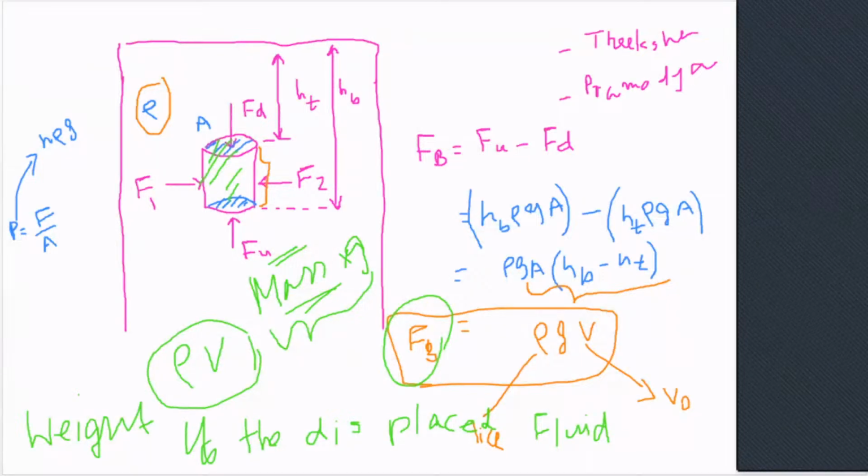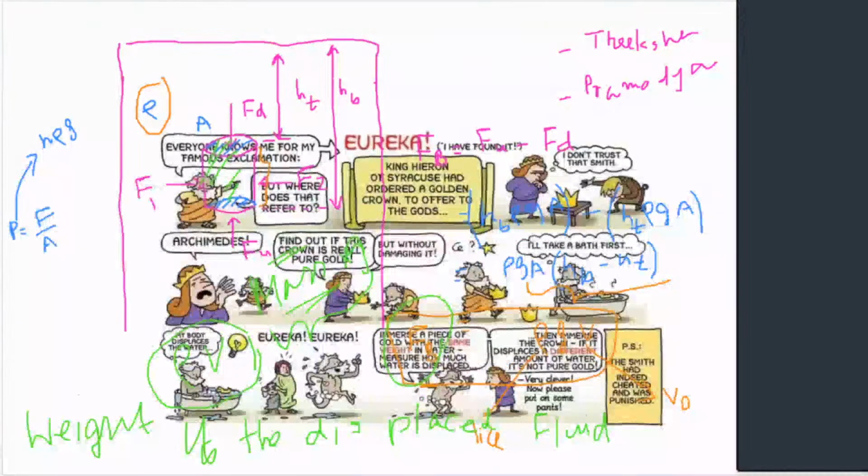Now this happened in the case of that famous story. You all know that story. This happened in the case of the king of Syracuse, right? So this is a story. King Syracuse ordered the jeweler to make a crown.